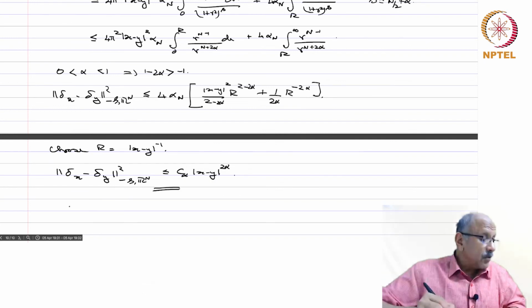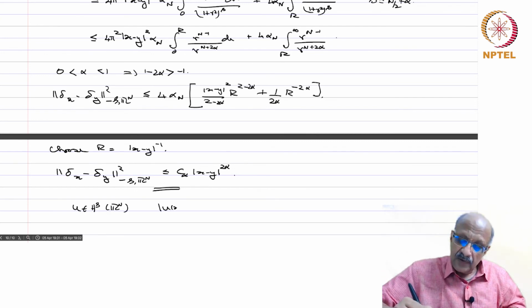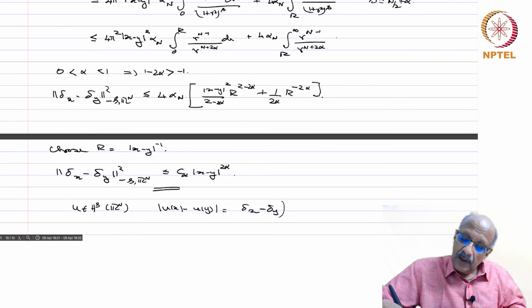Now if u is in H^s of R^n, then mod u x minus u y is nothing but delta x minus delta y acting on u, and the modulus of that.